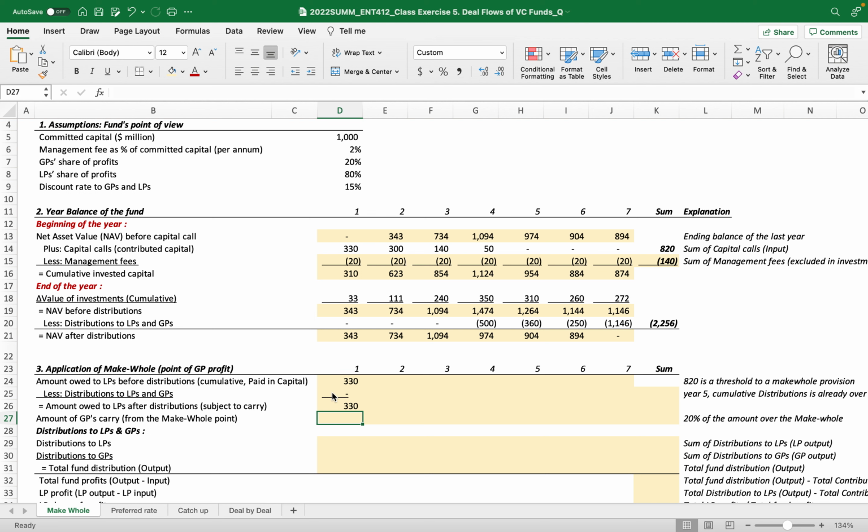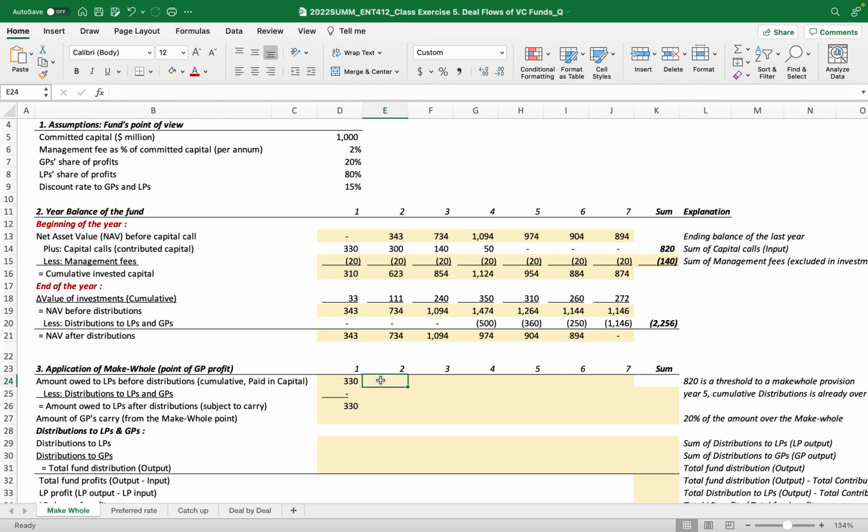That's right. And then what is this amount owed? It must be cumulative now, because that shows the total paid-in capital, or contributed capital. This is the capital cost in each year, right? But what we want to get is how much is owed to LPs before the distribution, right?